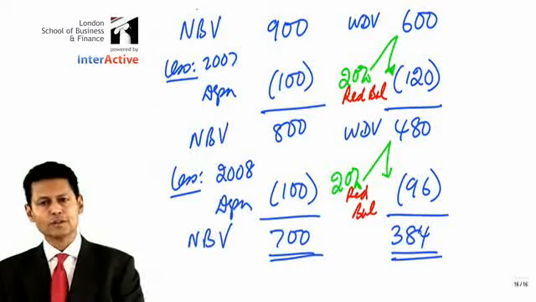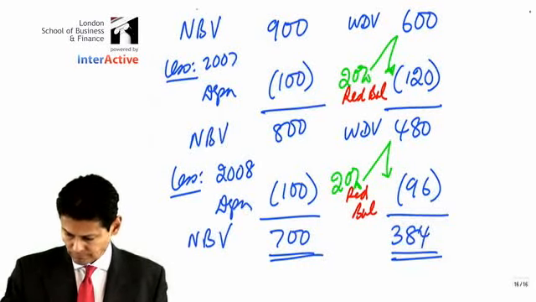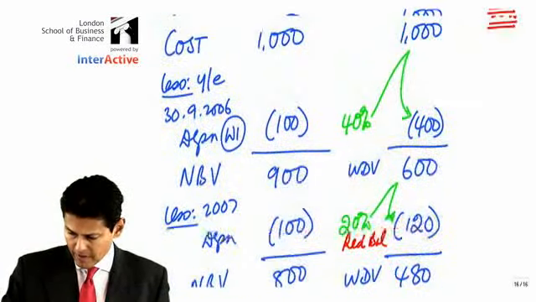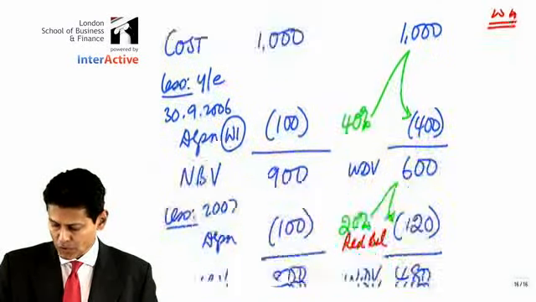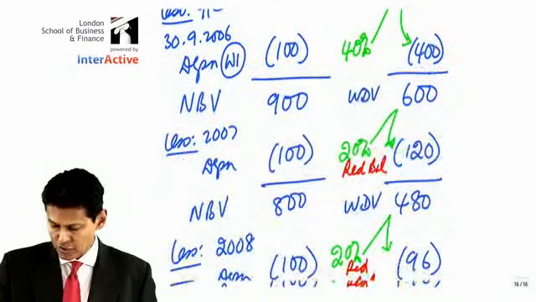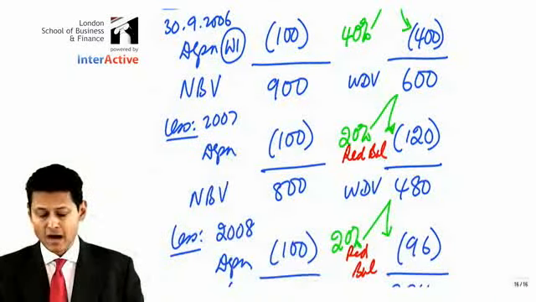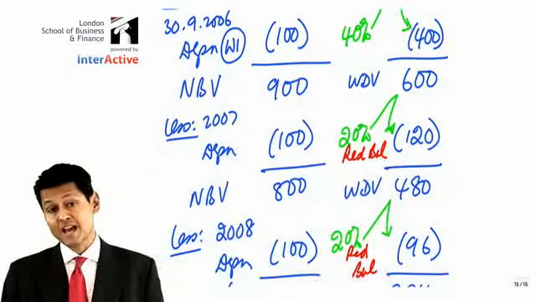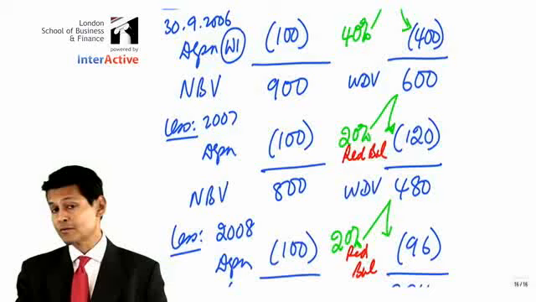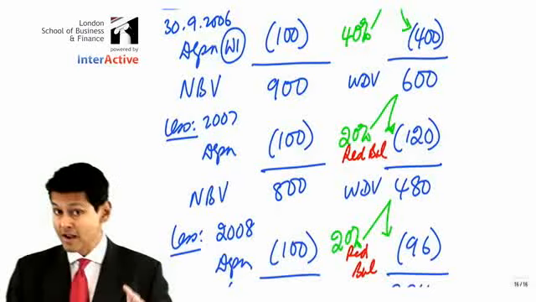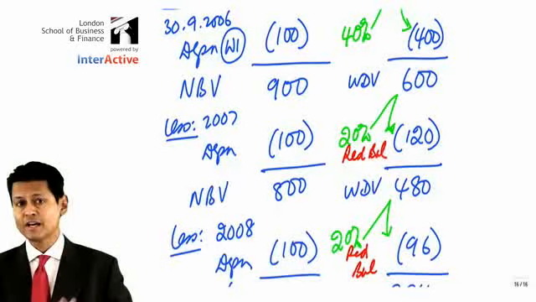Now, what does all this mean? You have to use your imagination a little bit here. Basically, what we do is we look at, let's say at the end of the first year, 2006, the net book value of 900 represents nothing but future depreciation.